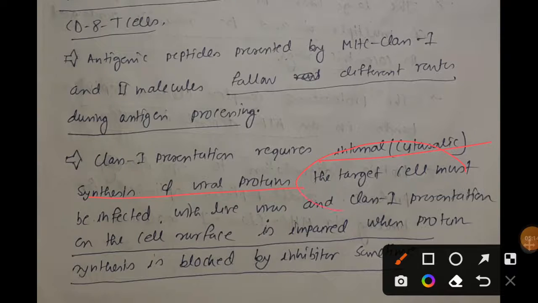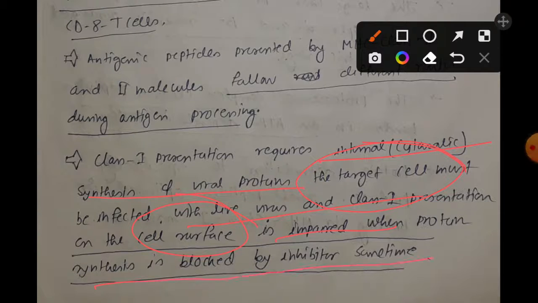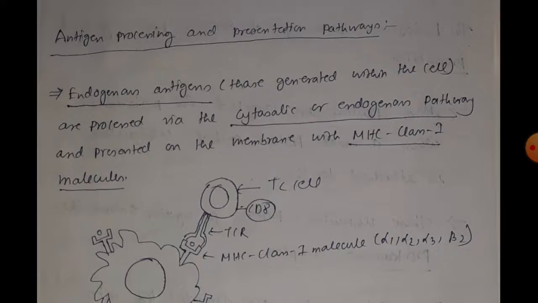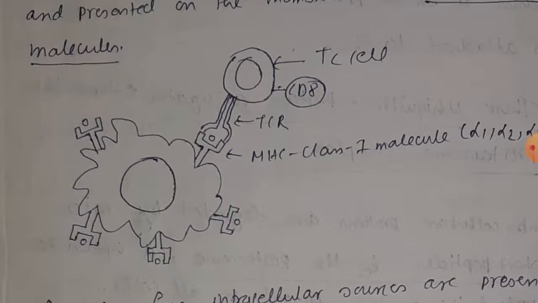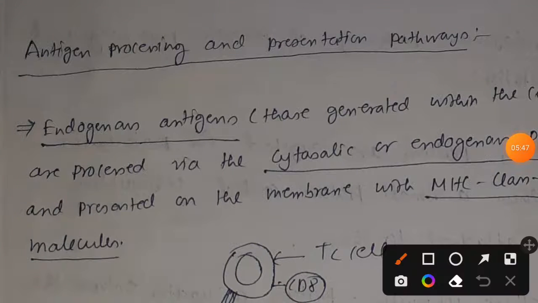That means the target cell must be infected with live virus, and class 1 presentation on the cell surface can be impaired or hampered when protein synthesis is blocked by an inhibitor. That is quite an important point: the target cell expressing MHC class 1 molecule must be infected with live virus. That is why they deal with endogenous antigen, because most endogenous antigens are viral antigens or come from cancerous cells, right? So that is the concept.